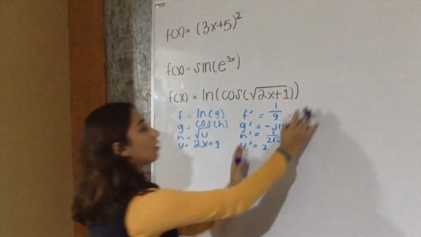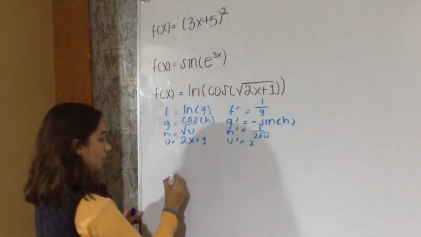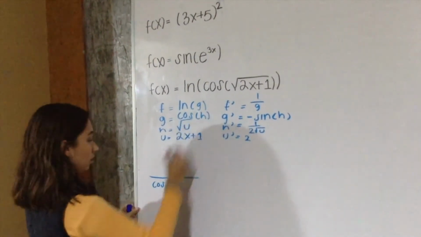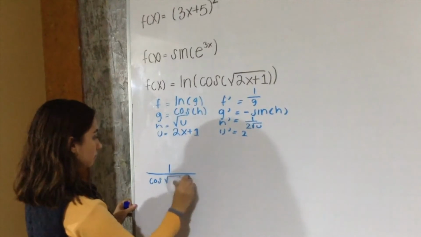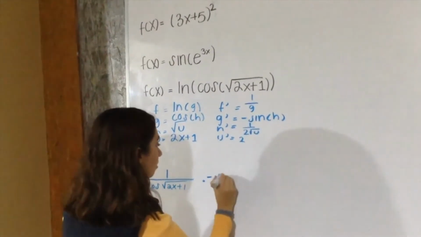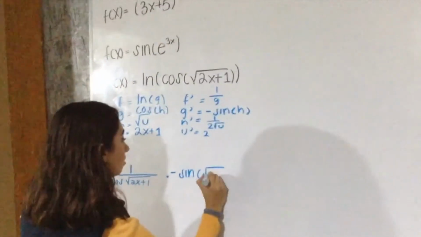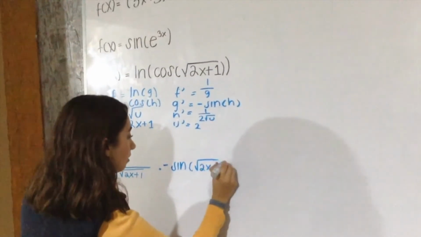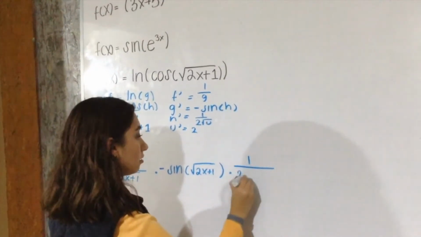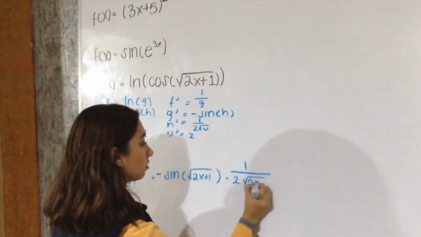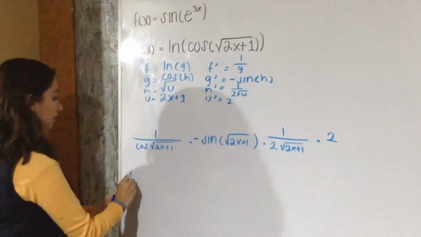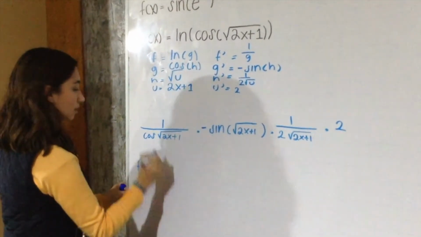Now we are going to multiply all the derivatives. First, f over g, that is cosine of h, multiplied by 2. Now we are going to present our derivative.